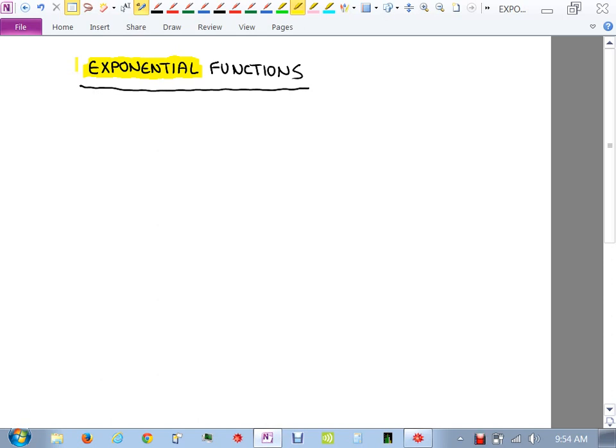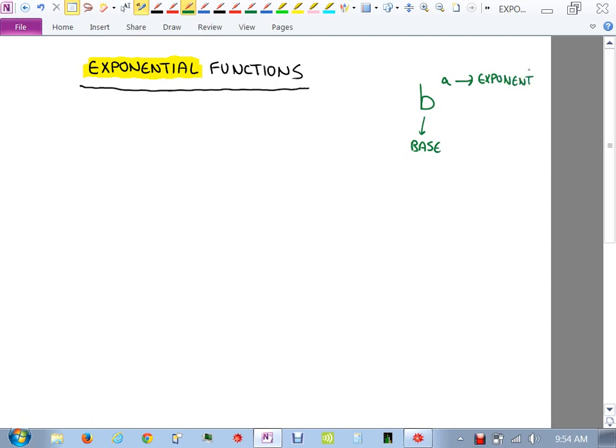Exponent usually meant power, right? Like the power on something is the exponent. Remember that? If I write down b raised to the a, this bottom part was called the base. The top part up here was called the exponent.